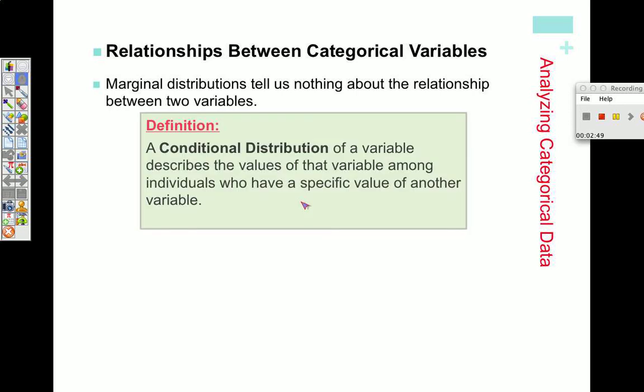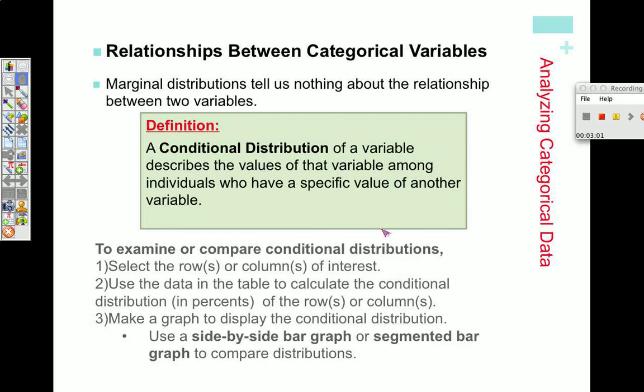A conditional distribution describes the values among individuals who have a specific value of another variable. So now we're introducing this second variable. To examine or compare the conditional distributions, we're going to select the rows and columns that we care about. We're going to use the data to calculate the conditional distribution of the rows and columns, and we're going to make a graph.